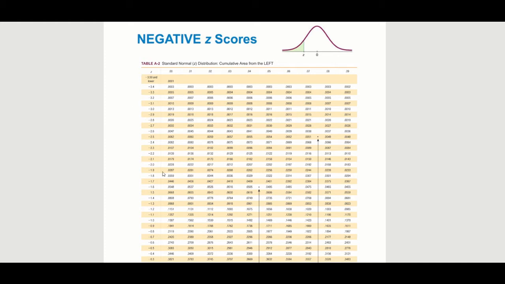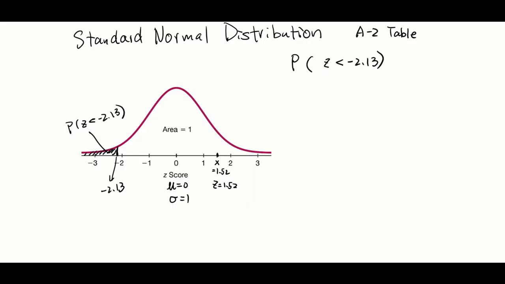So let's find the z-score of negative 2.1, and here's the 3 right here, this value. This value tells you the area to the left of the z-score of negative 2.13, which is 0.0166. So the answer here is 0.0166 because the area there is equal to the probability.